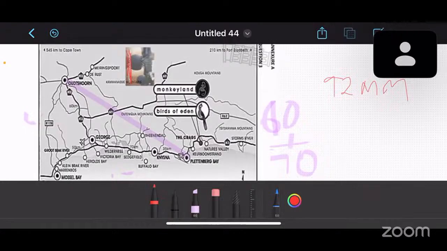What did you use? How did you do it? Normally we're taught we should use a real life distance, and since we didn't have 1 centimeter equals 1 kilometer, I took the 210 because it made the most sense.